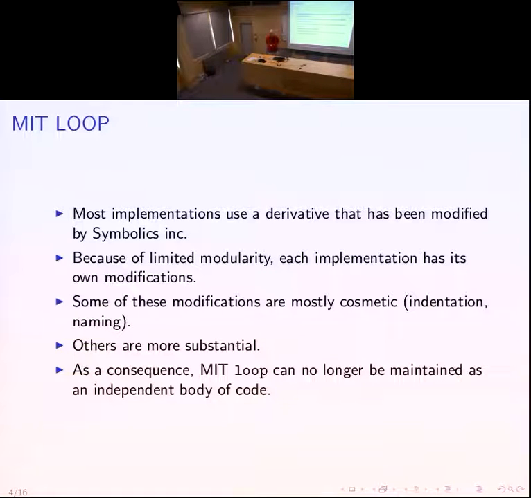Some of these modifications are cosmetic, just changing the package names and indentation and things like that, but there are also more substantial modifications going on. So as a consequence, one of the big problems that I see with MIT loop is that it's no longer possible to maintain it as a separate module, and it has to be maintained separately in each implementation that uses it.